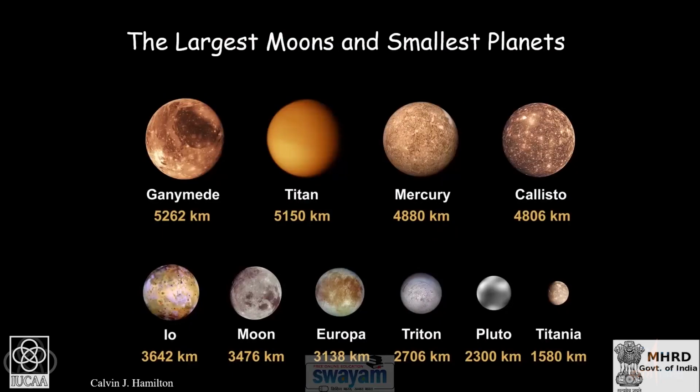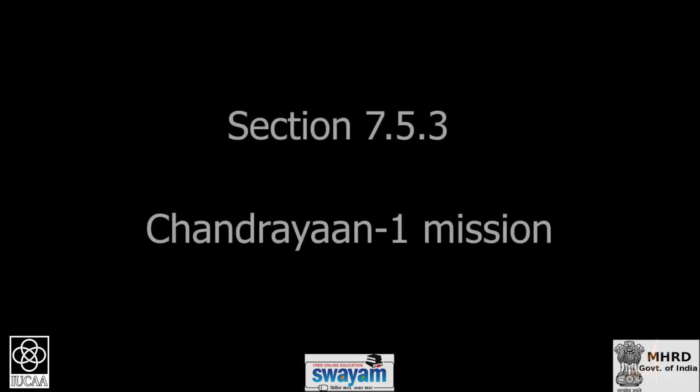So, here you can see much better comparing Ganymede with Mercury and Pluto. You can say even Titan is bigger than Mercury, and Titan is the satellite of Saturn, whereas Ganymede, Io, Callisto and Europa are the satellites of Jupiter. Moon comes at the 5th place in terms of the sizes of the satellites in our solar system.